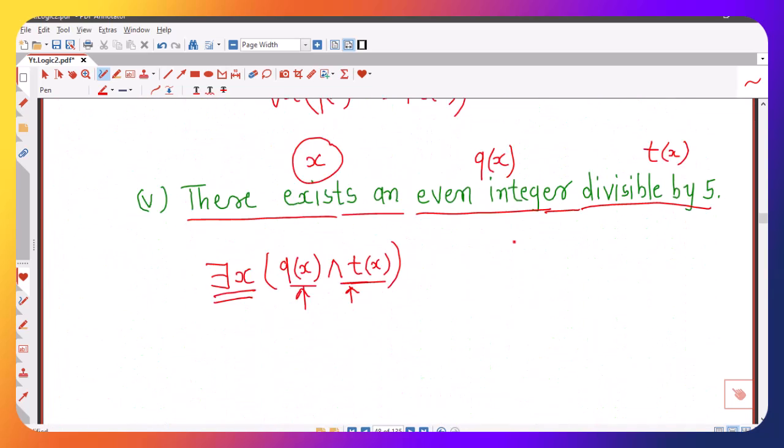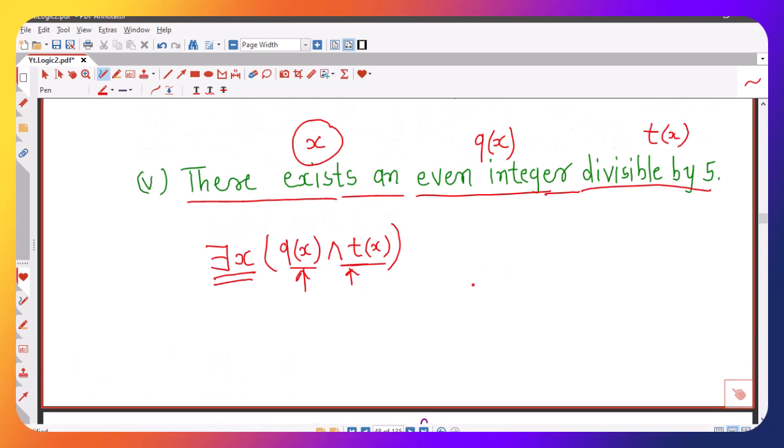All we have to remember is that whenever some property is given for all the objects or elements in the given domain, we will use the universal quantifier, and if the property is satisfied for at least one element or for some elements in the given domain, then we will use the existential quantifier.